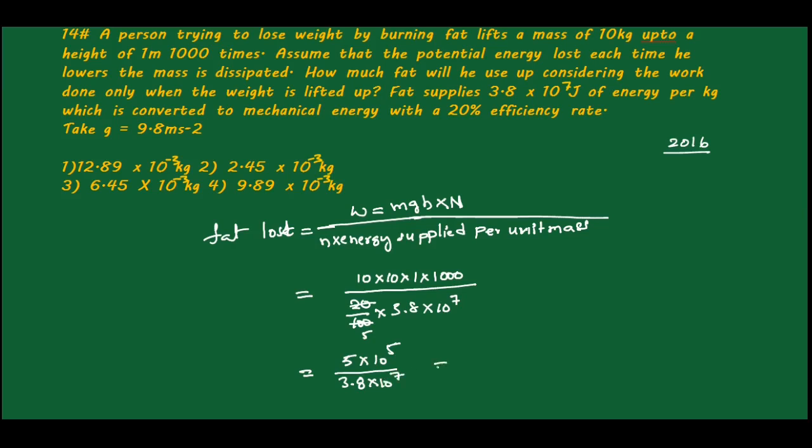Further, 3.8 means 38 by 10, so taking the 10 out to the numerator, it is 50 by 38 into 10 power 5, and taking this 7 also to the numerator, minus 7.